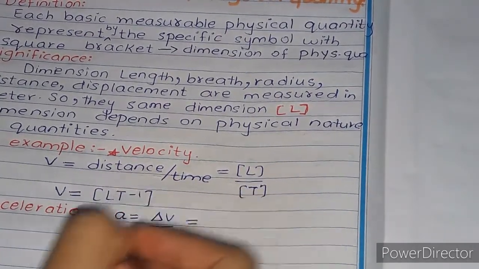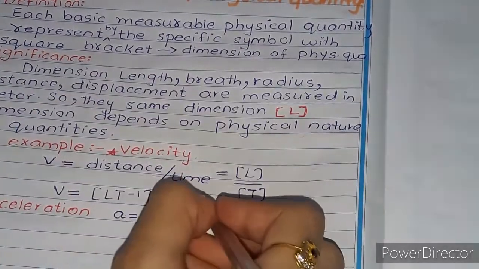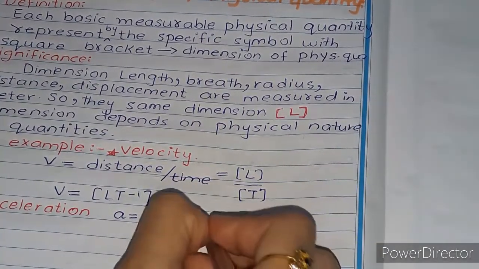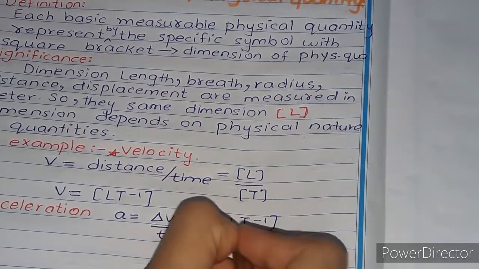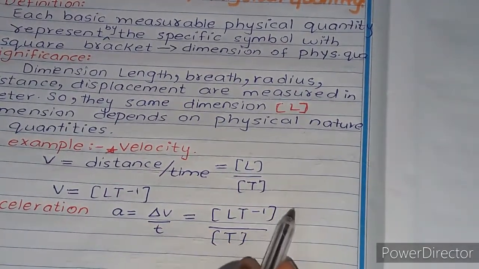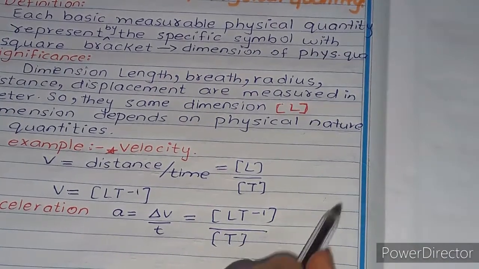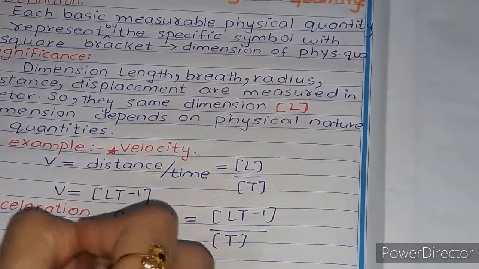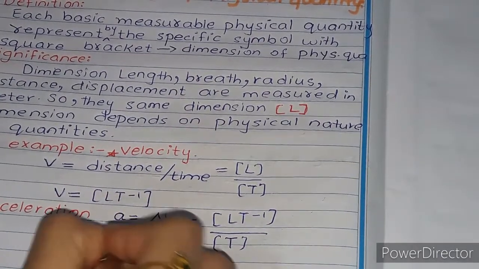Velocity we have found as LT minus 1, and T dimension will go up, minus 1, minus 1 would be minus 2. So acceleration's dimension is LT minus 2.